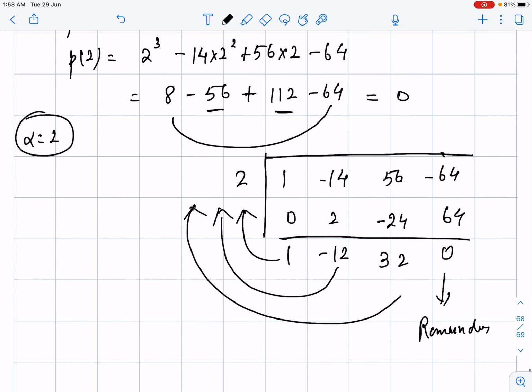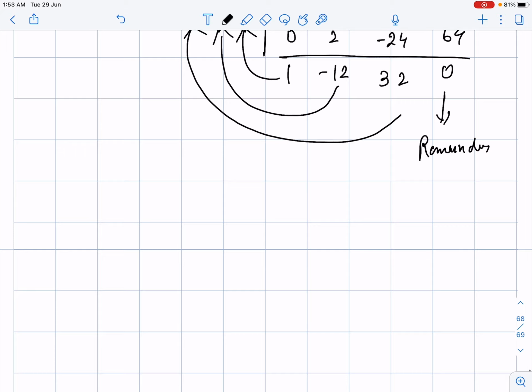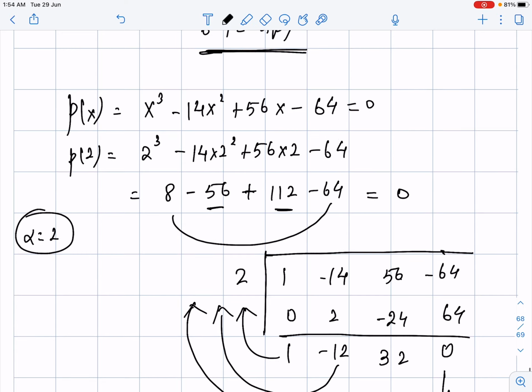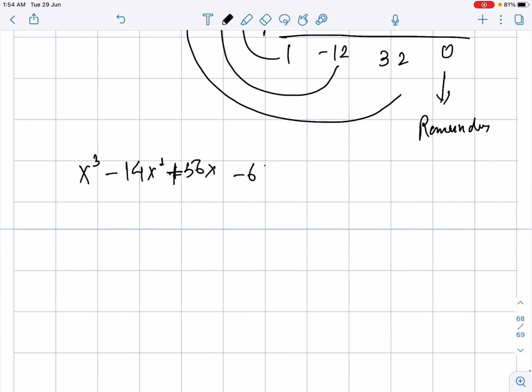Okay, so we may write our cubic x cube minus 14x square plus 56x minus 64 as x minus 2 times of x square minus 12x plus 32 over here. Now 8 times of 4 is 32.